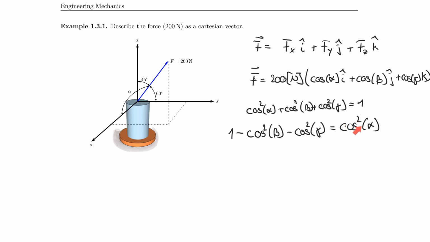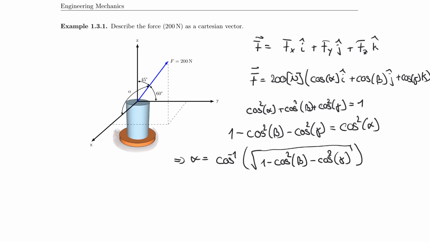In fact, you know this, right? Sometimes students are confused because now the square is applied to a function rather than a number, but it's just the same. You just take the square root of this term and then you remove the cosine by taking the inverse. So ultimately, you end up with alpha being equal to the cosine inverse of this whole term square rooted: 1 minus cosine squared beta minus cosine squared gamma, and that is the whole thing.